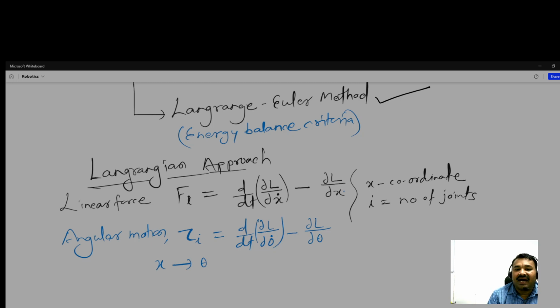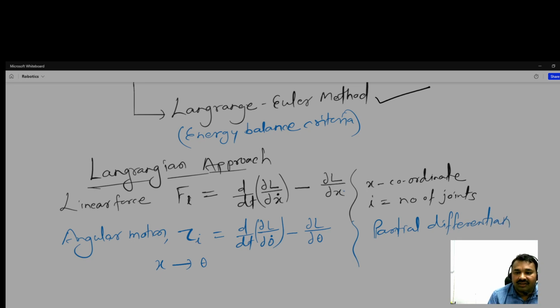And why is partial derivation here? Why are we taking partial differentiation here?